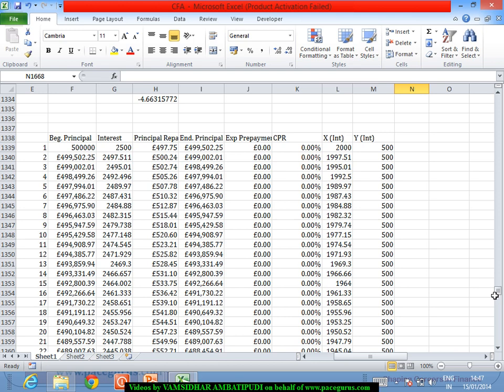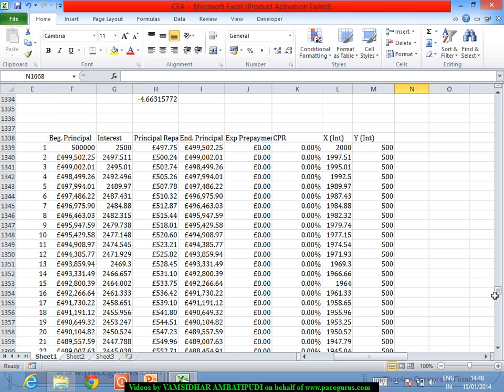So we are trying to address the needs of two sets of investors. The interest is handled in the same way, proportionately distributed, but the principal portion is very carefully addressed between tranche X and tranche Y.